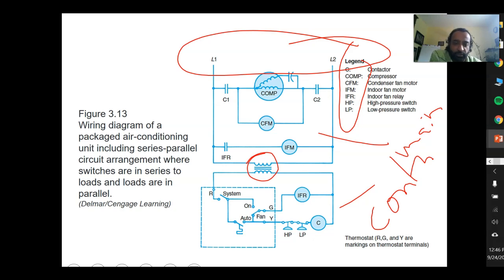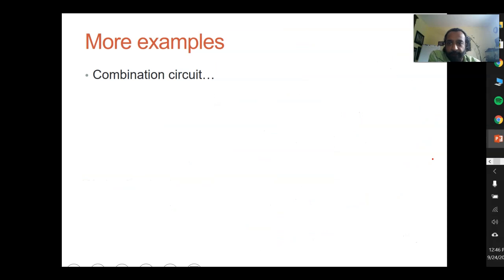We'll spend the whole chapter talking about schematics and how we read them. Okay, so I would love for you to look at the book, chapter 3, and I will spend next week trying to solve some problems and examples that I put in the Blackboard and answer some questions, and I will do one live problem with you here on the board so you can see and can ask questions as we go along.